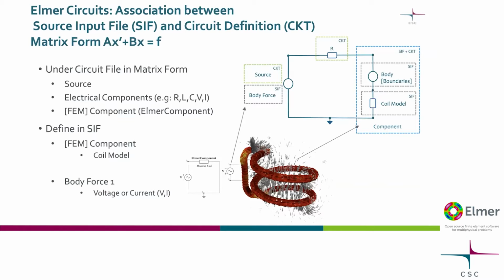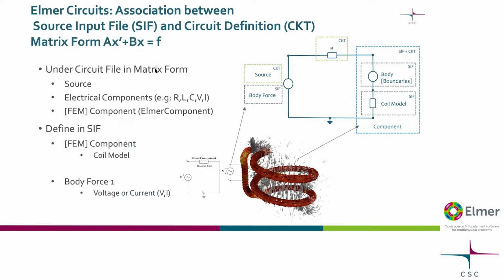Now, as you see, some of the things we're defining will be exclusively defined in the circuit file, and other ones will be defined on the CIF file, and some of them even in both. So how do we go around it? So here, basically, is the explanation of what I just said.